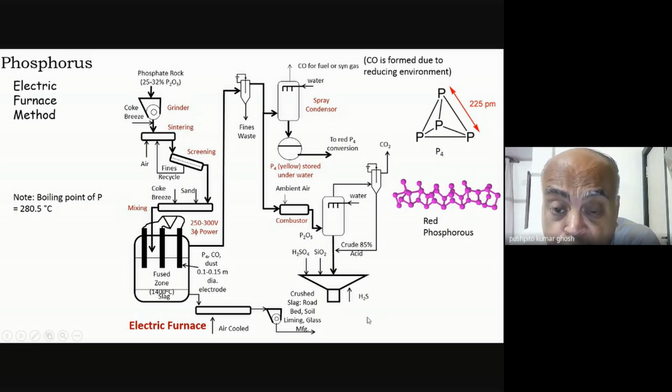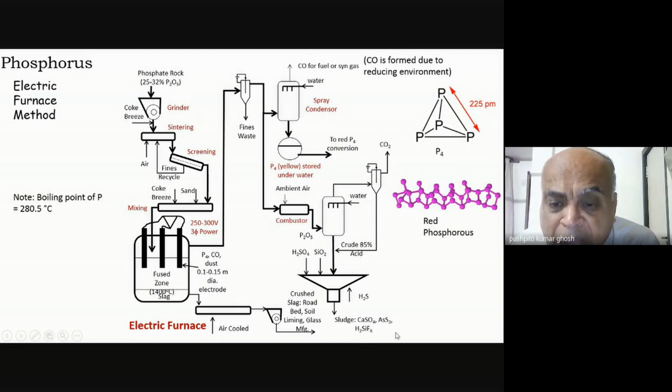And then you can also put H2S from the top, because most of these rock phosphates also have arsenic. So arsenic sulfides have very low solubility. So you can make arsenic sulfide, and it can be removed from the phosphoric acid. On the one hand, I can take care of the fluoride here, H2SiF6.